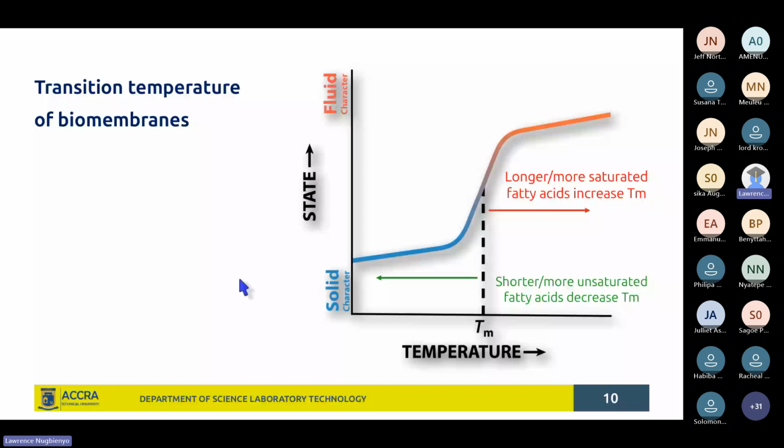Now we see that when you take a cell membrane, the cell membrane can exist optimally at a particular temperature, what we are showing here as a midpoint temperature, which is also what we refer to as a transition temperature.